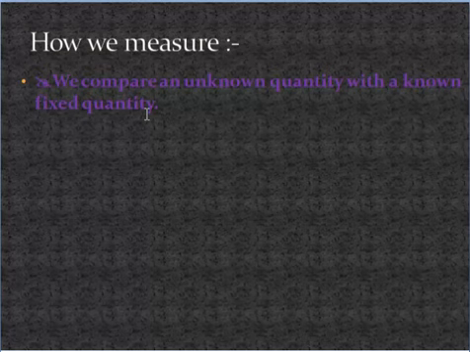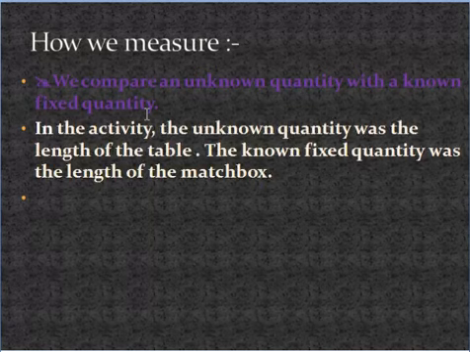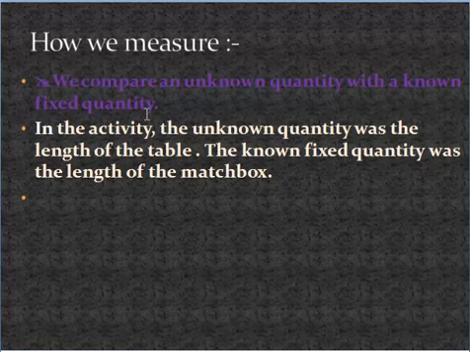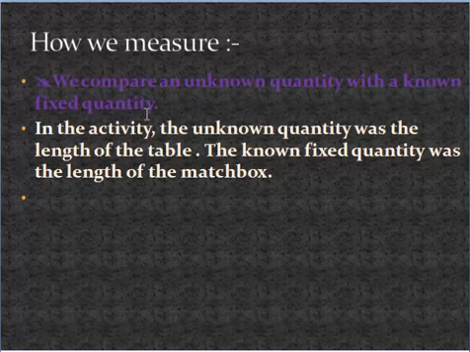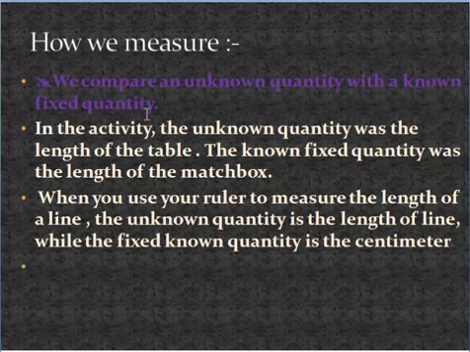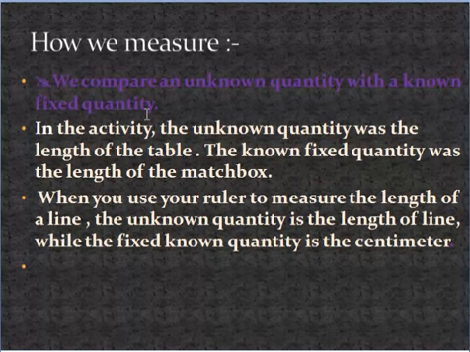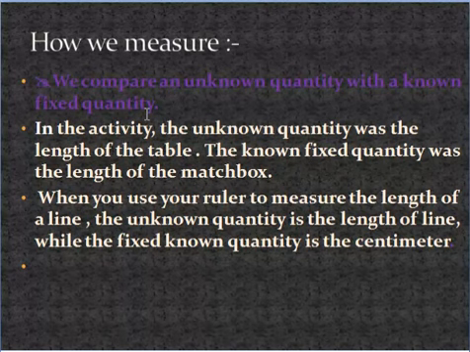Understanding? Okay. In the activity the unknown quantity was the length of the table and the non-fixed quantity was the length of the matchbox. When you use your ruler to measure the length of a line, the unknown quantity is the length of the line.